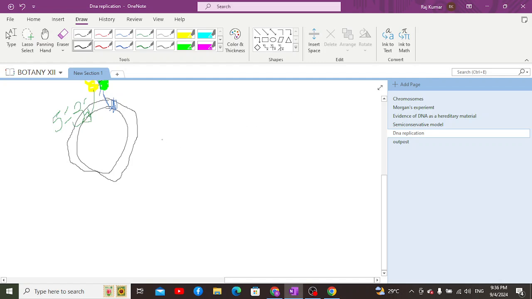Let's say this is the replication fork, right?